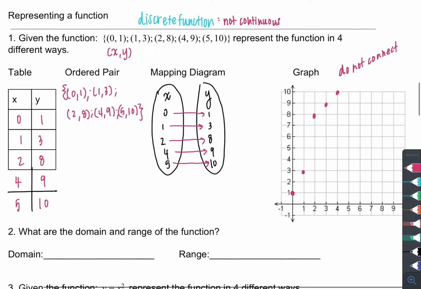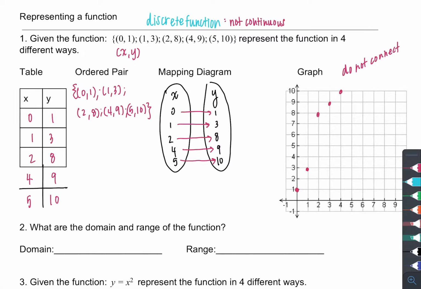Okay, so let's talk about the domain and range. So domain is our x value, so I'm just going to look here and basically list those x values in curly brackets. So it's 0, 1, 2, 4, and 5. Again, we just list those values because it is a discrete function. The range is going to be our y values.